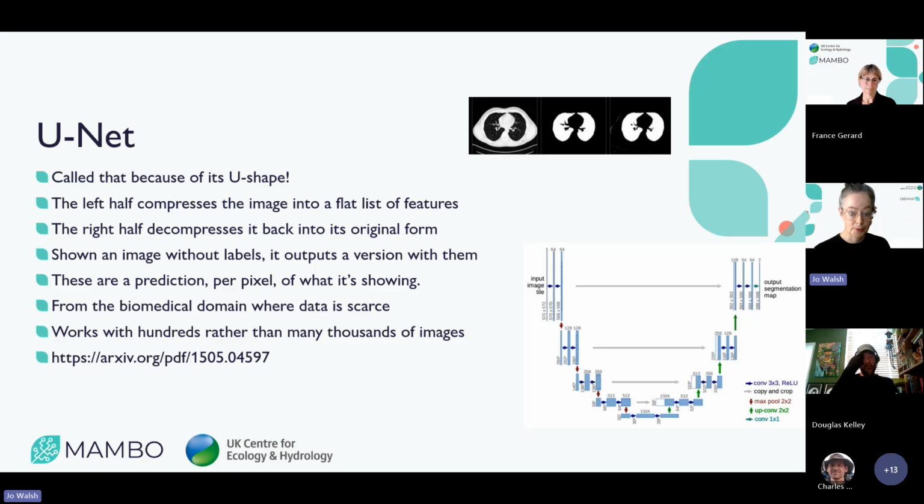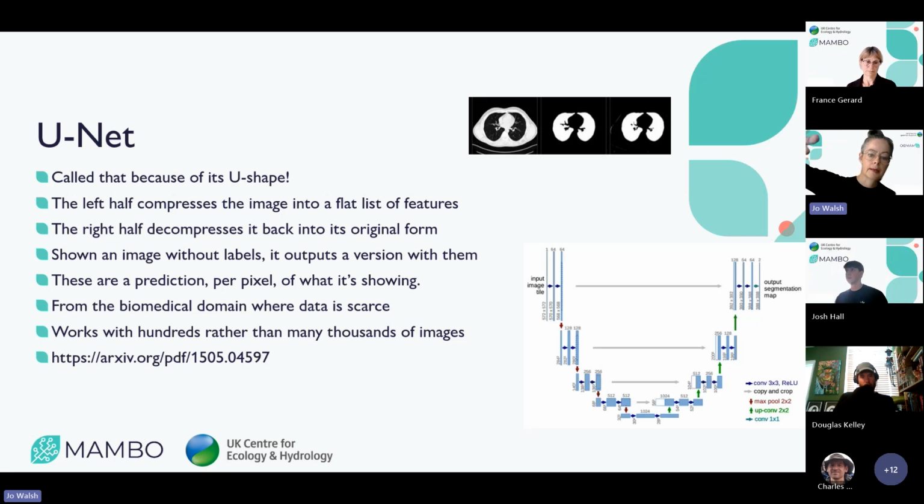So it's called a UNet because it's U-shaped. The first set of layers compresses the image down into a very long flat list of numeric features, and then the second half expands it back into its original form. And if you put an unlabeled image through, you'll get predictions out with the uncompressed image.